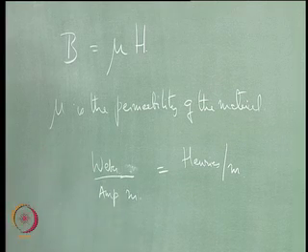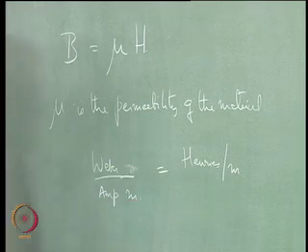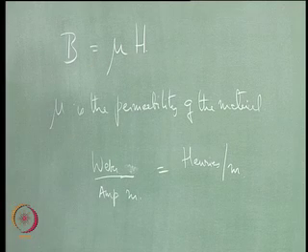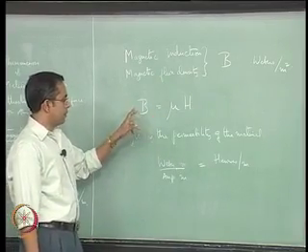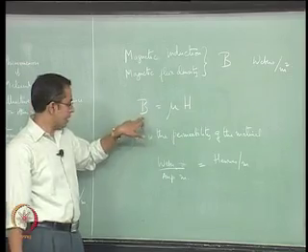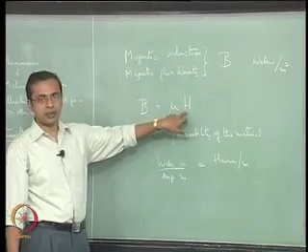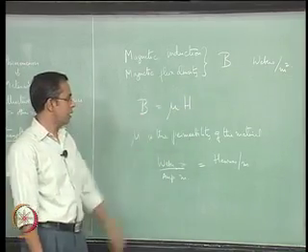This is Webers per ampere meter, and it is also called Henries per meter. This is mu, the permeability of the material. And this is how it relates the magnetic induction, what is occurring in the sample as a result of the field that you have imposed, which is H.